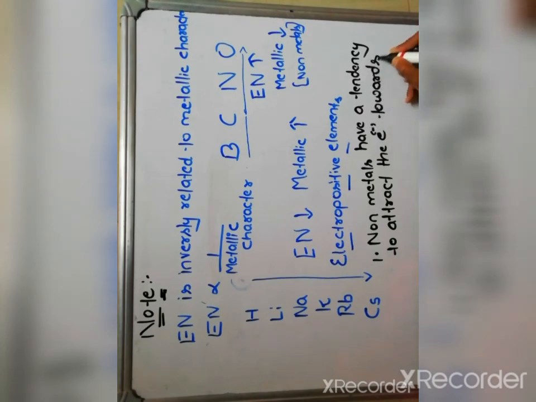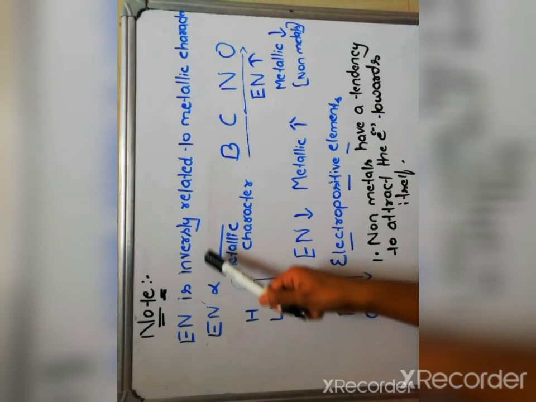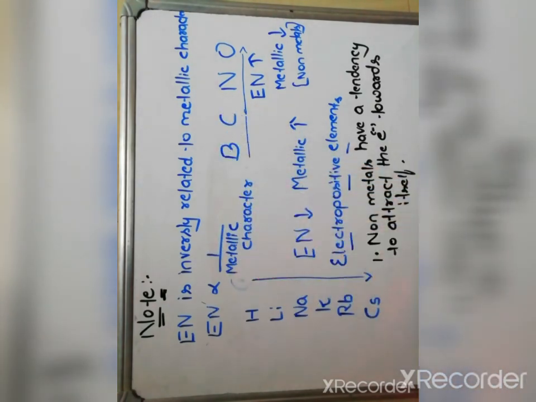They have a tendency to attract the electron towards itself. So, as I told you, electronegativity is inversely related to metallic character. One more point we can also say is that electronegativity is directly related to the non-metallic character.